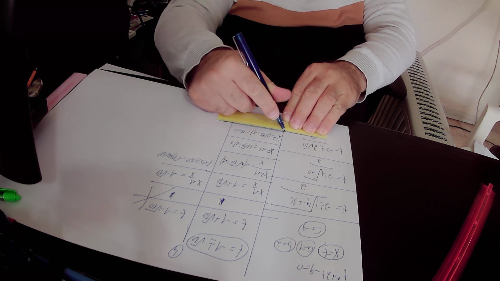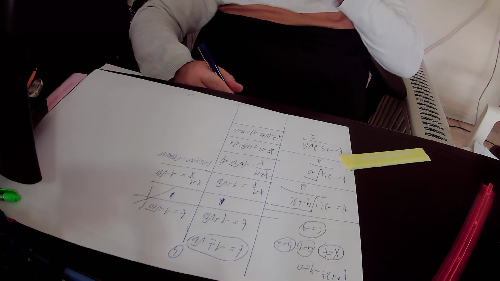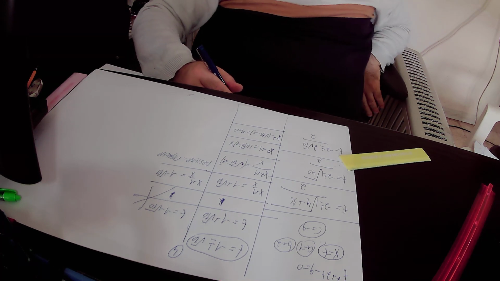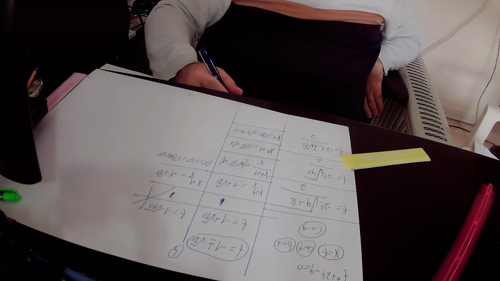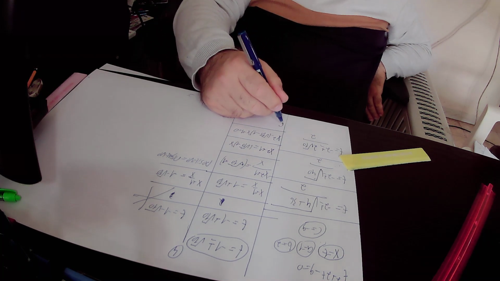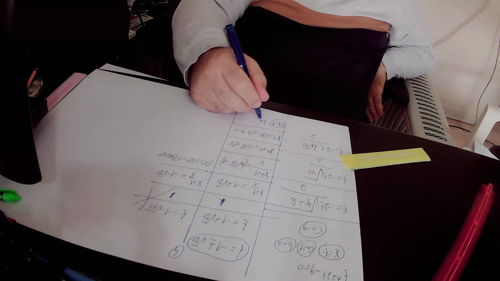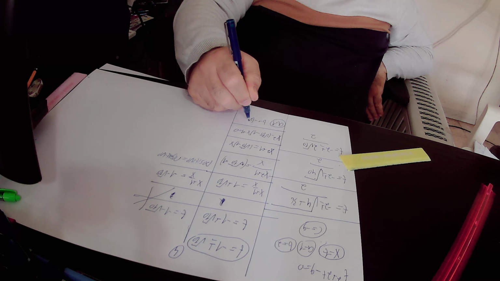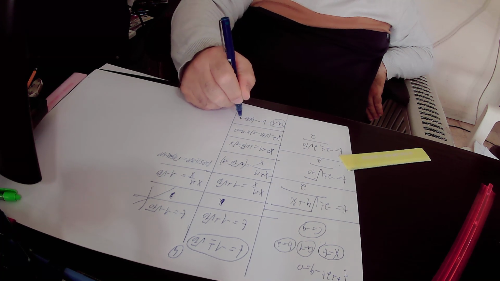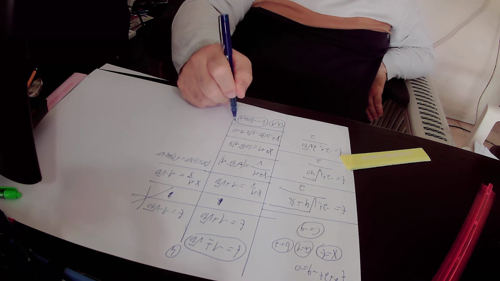We have here a quadratic expression, and the coefficients of this quadratic equation are as follows: a equals 1, b equals minus square root of 10 minus 1, and c equals 1.